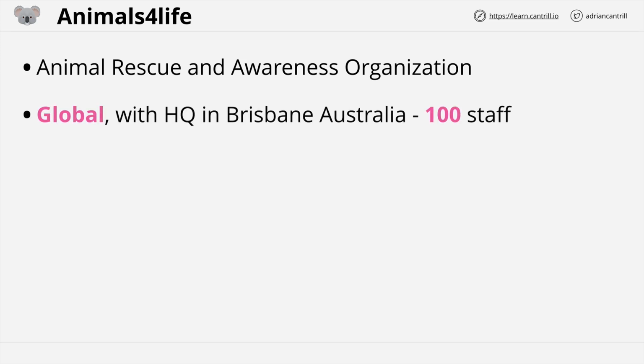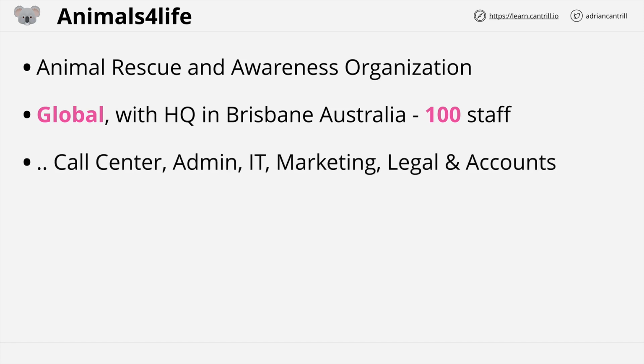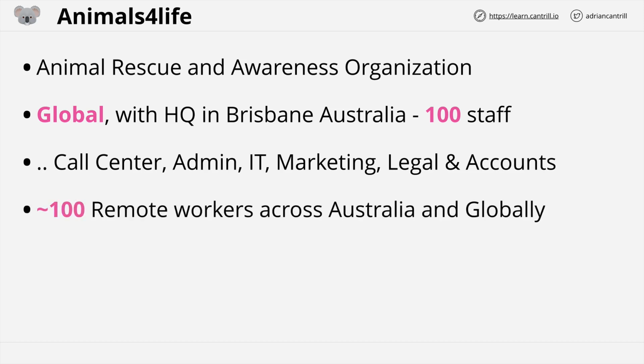Now, they're a global company with a headquarters in Brisbane housing 100 or so staff. Now, this covers shared operations. So it's a call centre, general administration, IT staff, marketing, legal and accounts. Beyond Brisbane, there are 100 or so remote field workers who are deployed in regional Australia and various in-need locations globally.